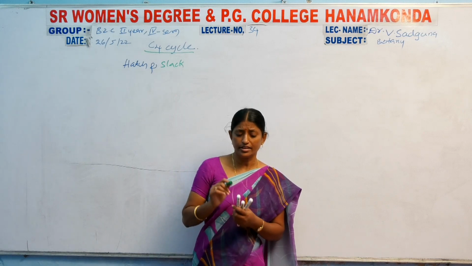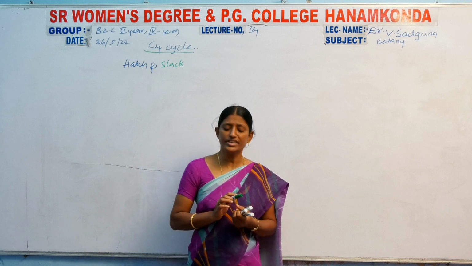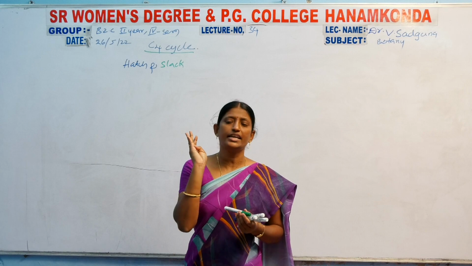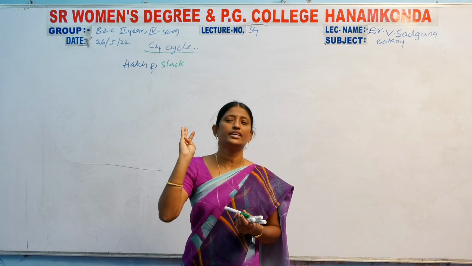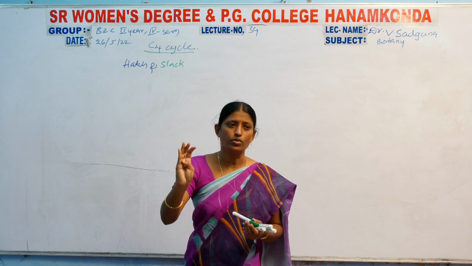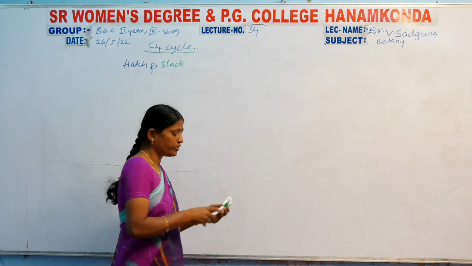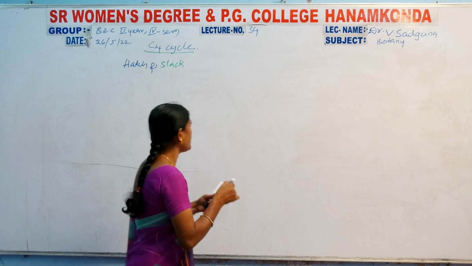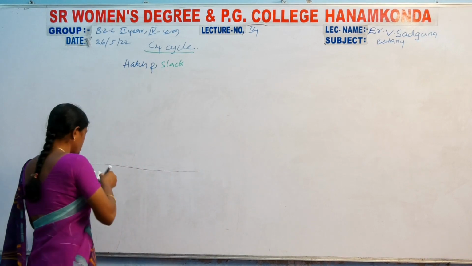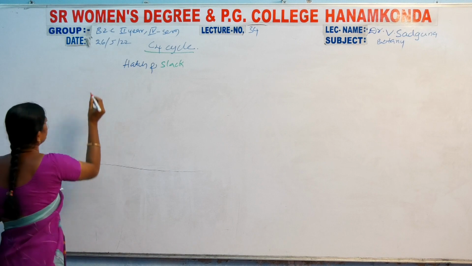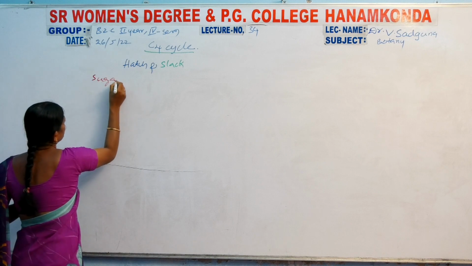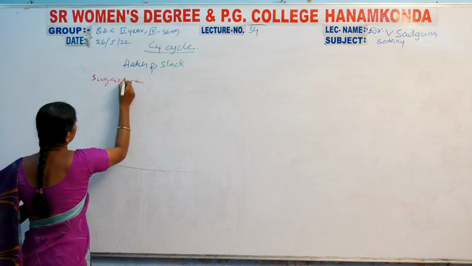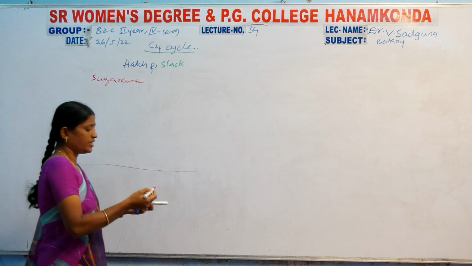Most of the C4 cycle is found in plants more than the C3 cycle. The C4 cycle is mostly found in sugarcane. The plant name is sugarcane.